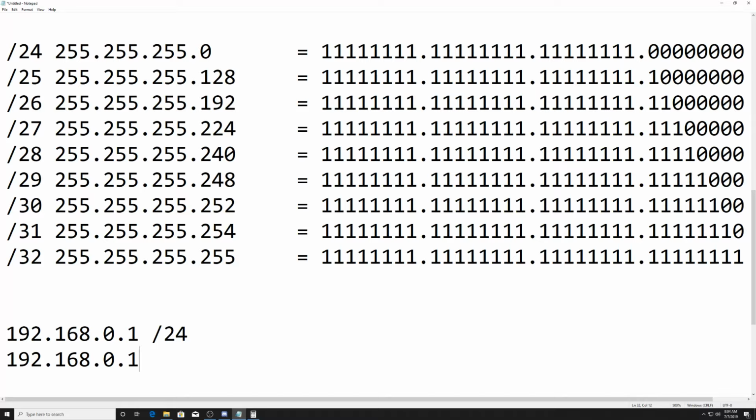And you can use all the way through 254. You cannot use 255 because that will be considered the broadcast address. So 192.168.0.255 is your broadcast.